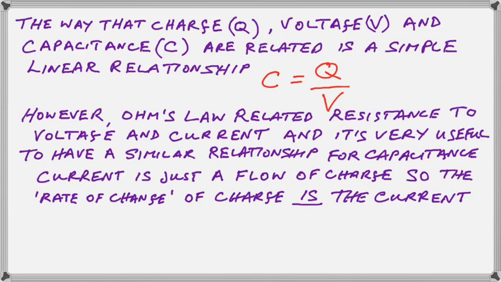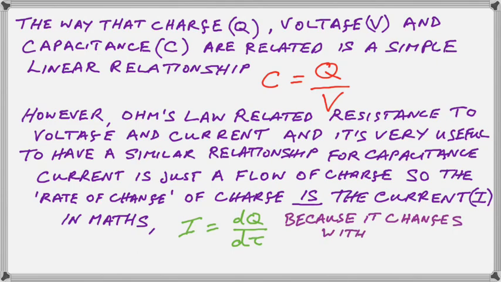Now, as you hear rate of change, we have a maths expression for that, and it's called differentiation. If you haven't done differentiation in your mathematics, no great shakes, no big deal. But basically, just think of it as the rate of change, which is shown there on the right as dq over dt, where t refers to time: the rate of change of charge with respect to time. That gives us some value, which is the current.